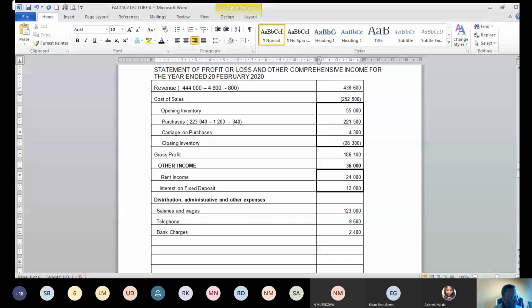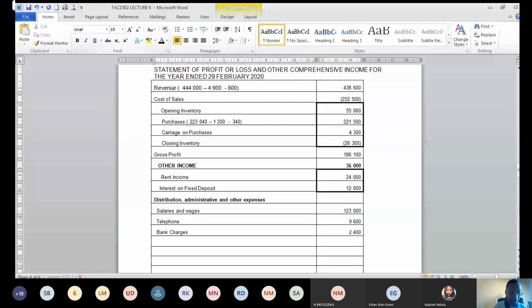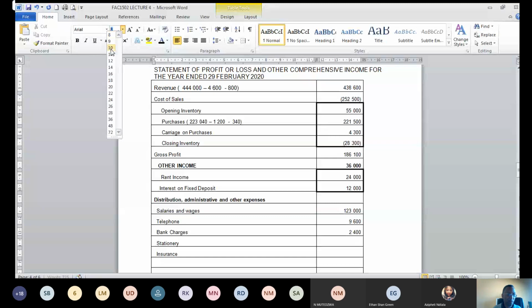I've got stationery, insurance, and advertising as my next set of expenses. I've got stationery, my next expense will be insurance. I've got 3 more expenses for this business, and the last one there is advertising.